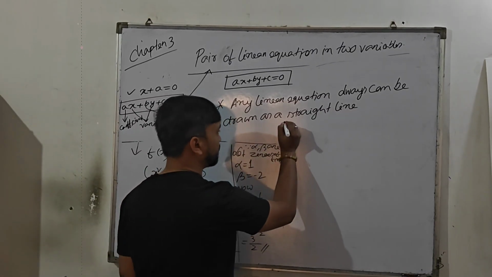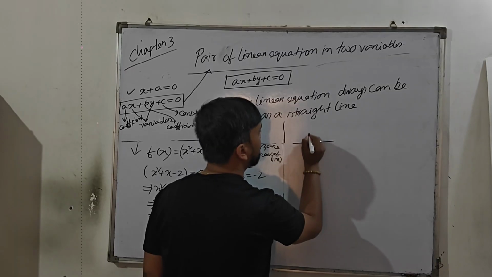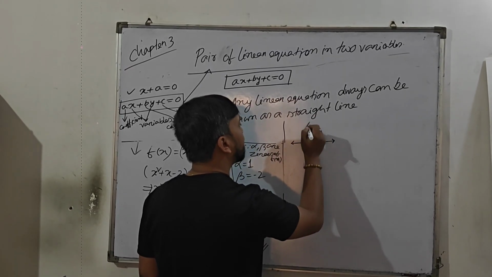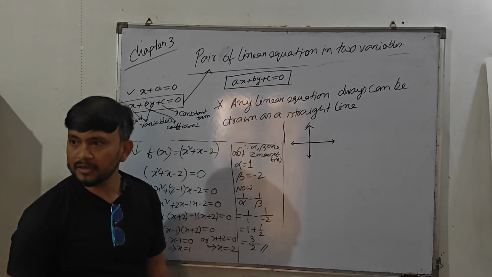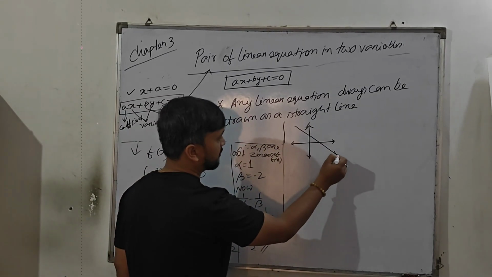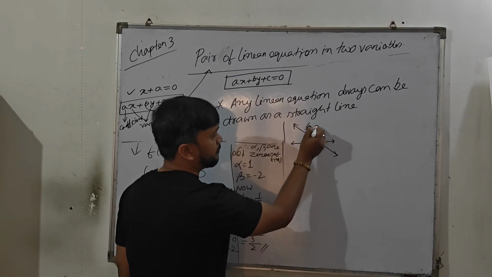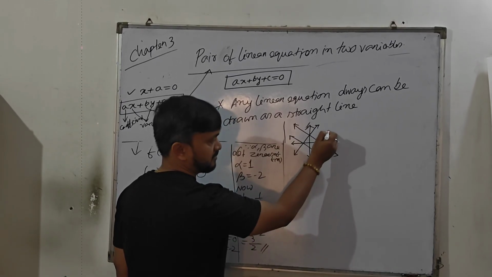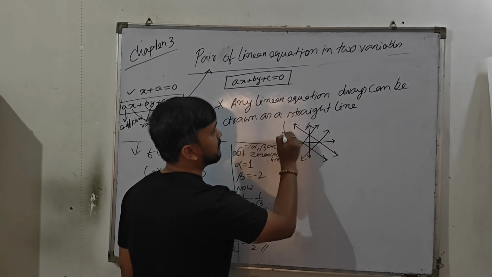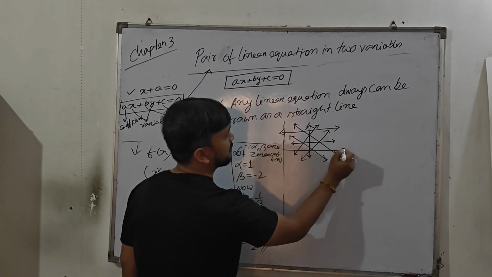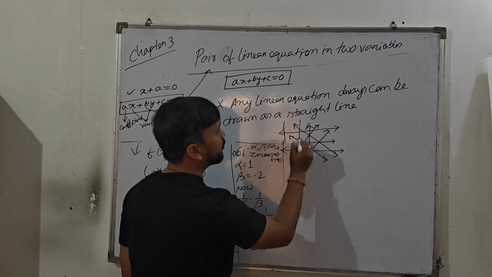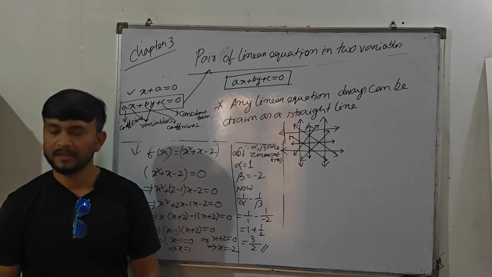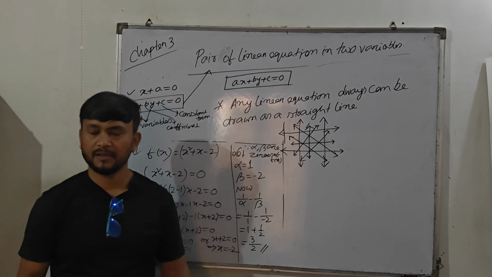If this is our coordinate system, then the straight line of a linear equation can go like this, maybe like this, or like this. These are the possibilities.